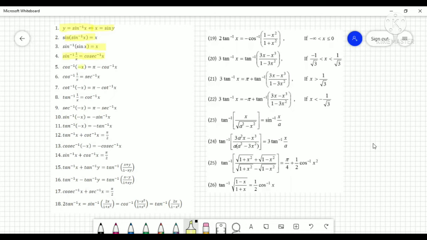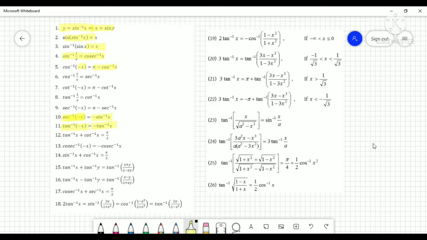Cos inverse of minus x is equal to pi minus cos inverse x. In the same way, sine inverse of minus x is equal to minus sine inverse x. Be careful. First I will say which ones have only the minus. Sine inverse of minus x is equal to minus sine inverse x. Tan inverse of minus x is equal to minus tan inverse x.